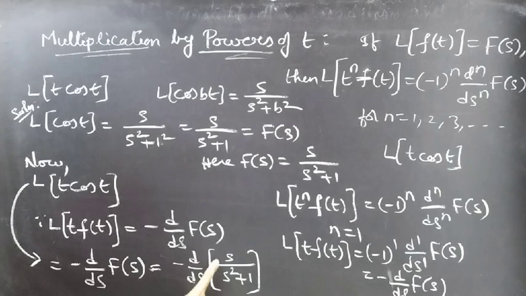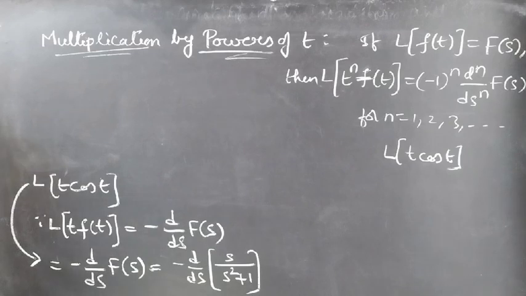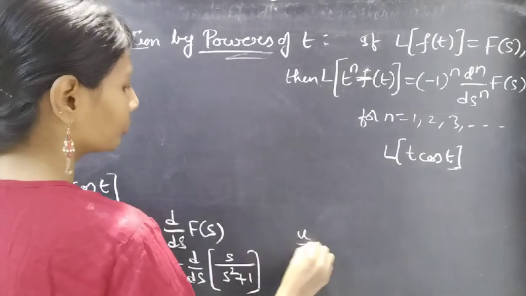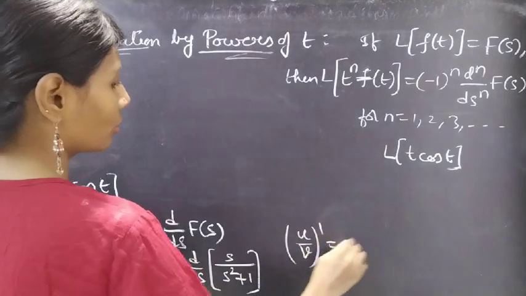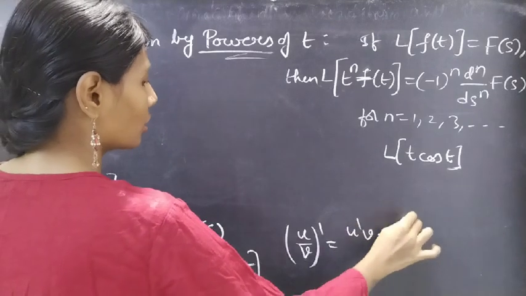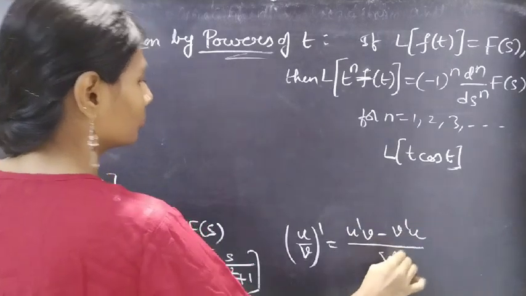Now we need to find the derivative of s by s square plus 1 with respect to s. So now I am going to apply the u by v formula, that is u by v dash equals u dash v minus v dash u by v square.